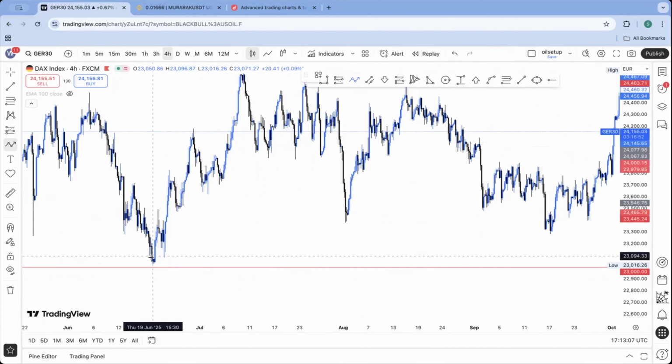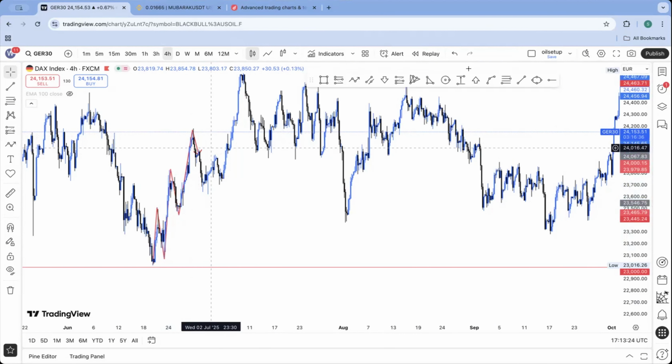So when we look at price, it came to this level down here, went up, came down, went up, came down, went up, and started pulling back. So what do we do? We use Fibonacci to see if it's going to align with what I just showed you.